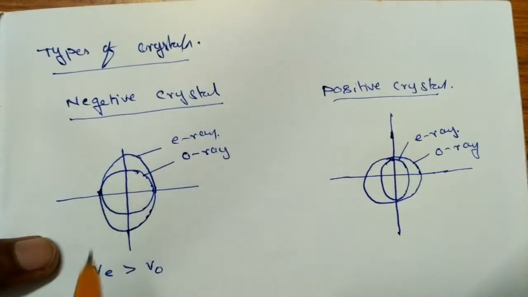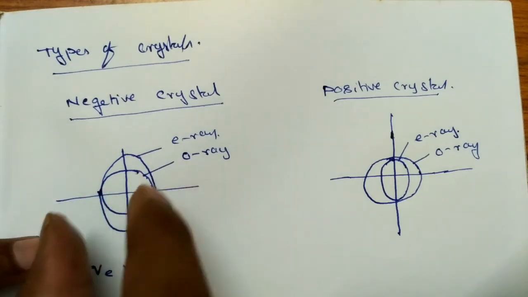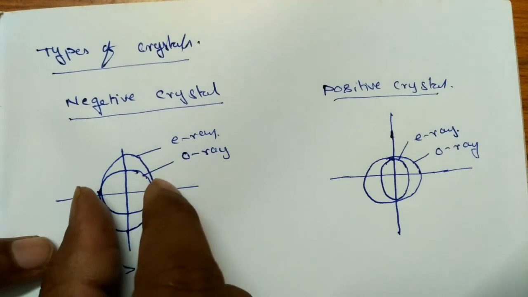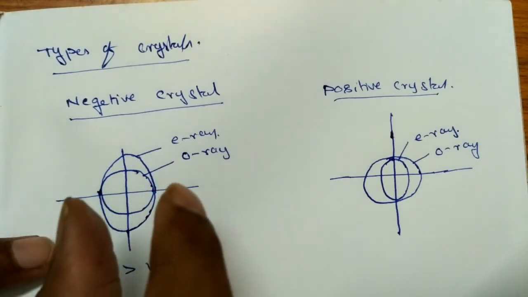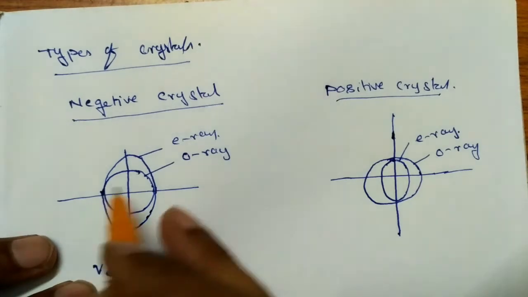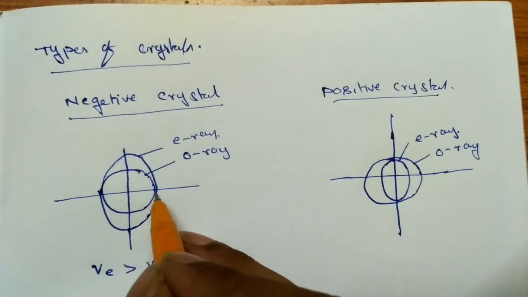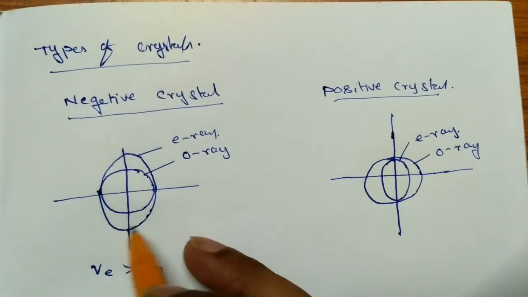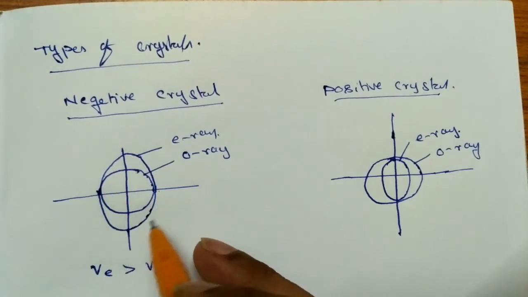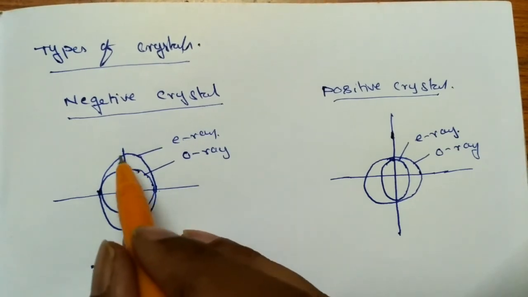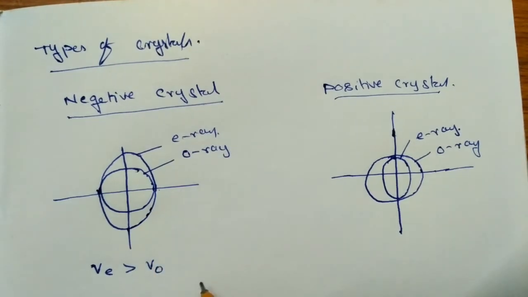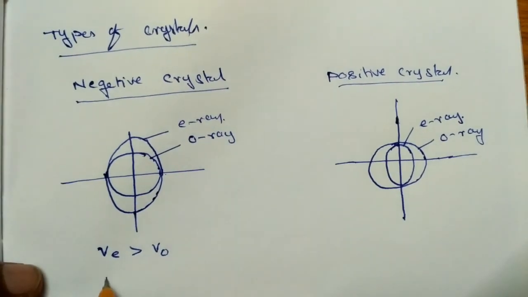These two rays travel and come out the same way, following the same path. To maintain the path difference between these two rays, the extraordinary ray has to travel faster than the ordinary ray because the refractive index is high for the E ray. Then VE is greater than VO and mu O is greater than mu E.